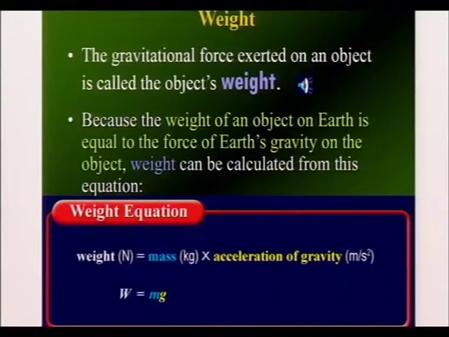Okay, now we come to weight. Weight is a gravitational force exerted on the object, and this usually depends on the Earth's gravity. It is equal to the force of the Earth's gravity on the object. And here I want us to look at the calculation of the weight.